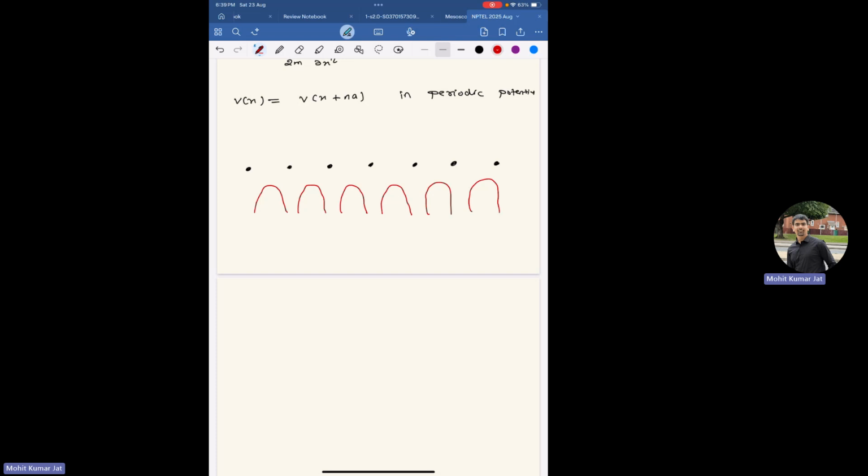And overall, because there will be a linear combination of atomic orbitals, there will be this potential modulation, and it will look like this. Near the atoms it will be peaking, and this will be the potential modulation, which I will call delta V of x, right?